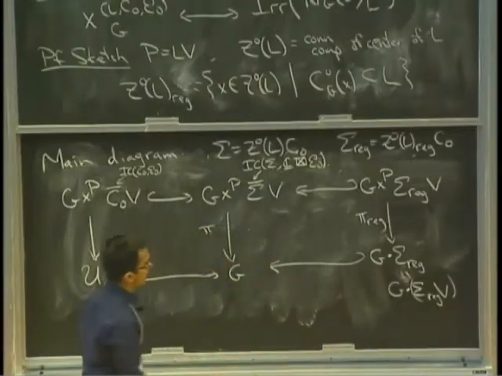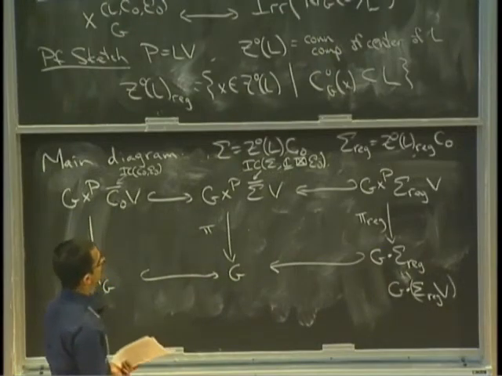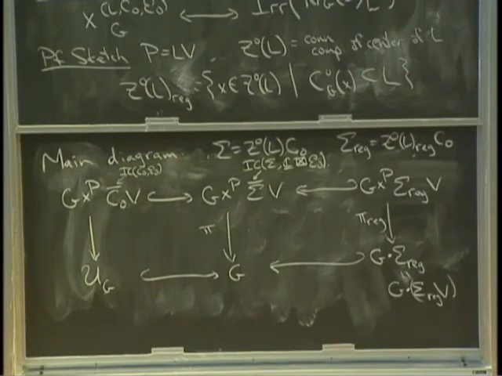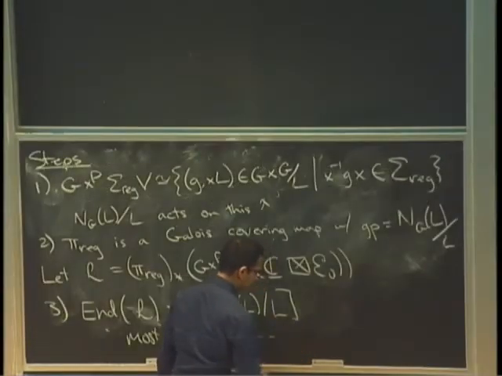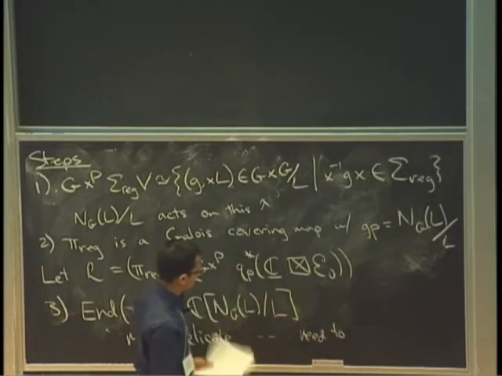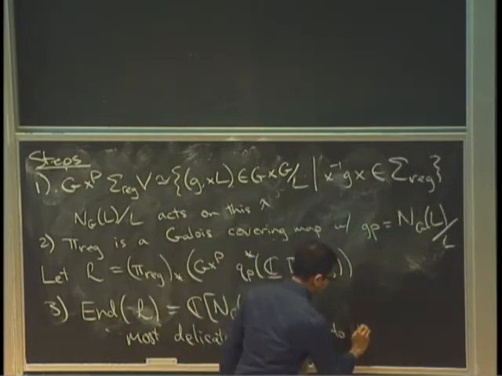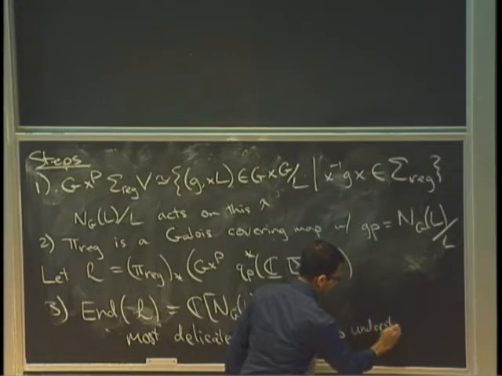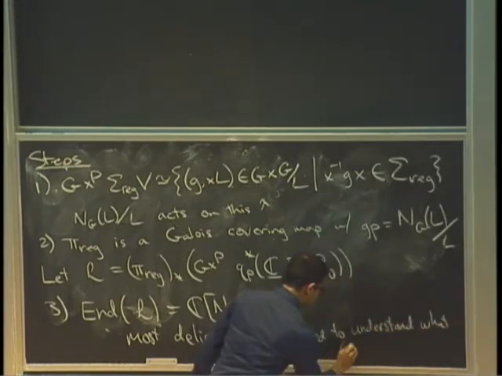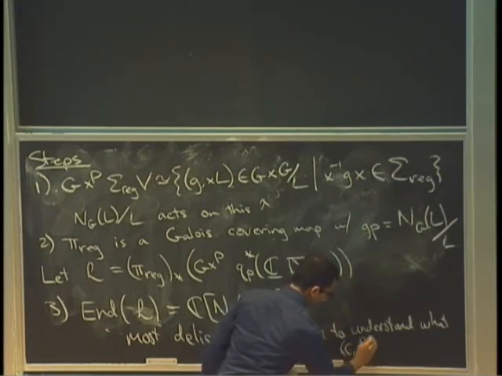It depends on C naught having certain properties. It depends on E naught having certain properties. So in order to prove this, you need to understand some constraints on what C naught, E naught can be to some extent.